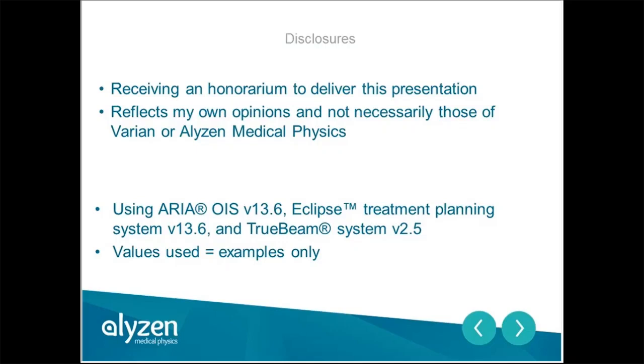I will briefly talk about the C-series machines and some older panels, but most of the discussion at the end, talking about custom implementation of a portal dosimetry algorithm, will be using the newer TrueBeams with the new panels. I have access to version 13 of ARIA, although this would be applicable for most versions as well.